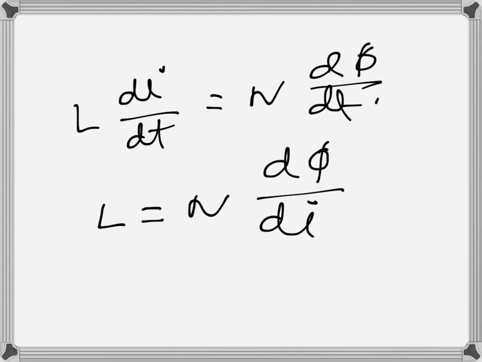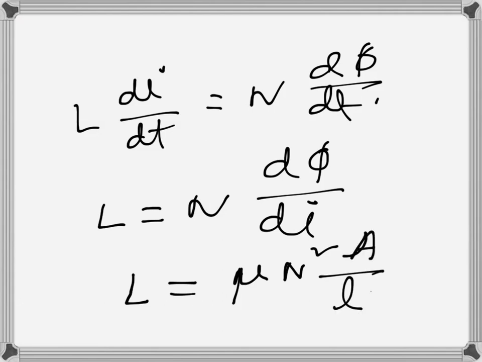And also in terms of material dimension and property, we can get the value of inductance of a solenoid. I won't deduce that, but it is mu, which is permeability, times N squared times A over l.